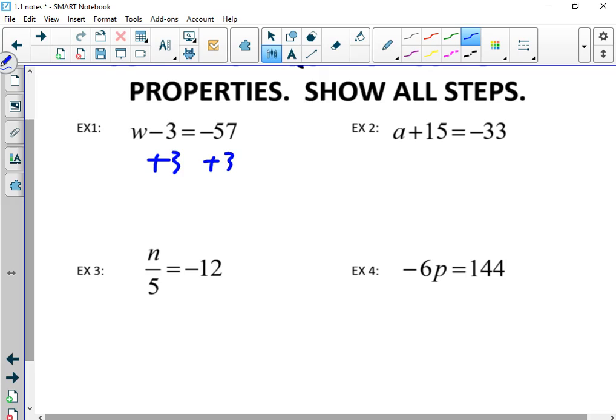Okay? You knew that you had to undo this -3 by adding 3. And the reason I'm saying show your work is, 1, you get partial credit. But 2, people will make that mental mistake and go, oh, -3. So -57 minus 3 in the calculator is -60. But we're not subtracting 3, we're adding 3. So this cancels here.